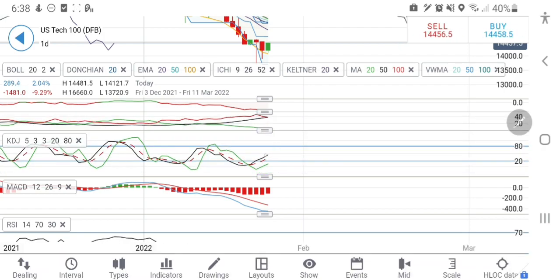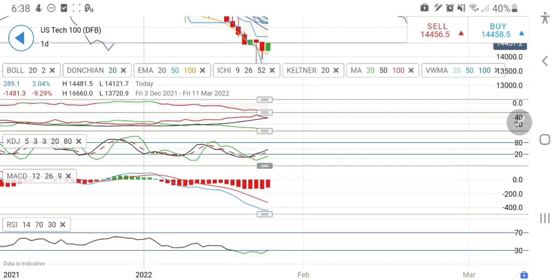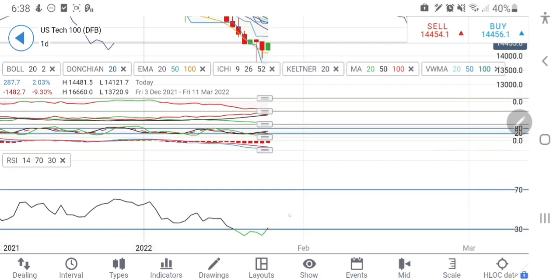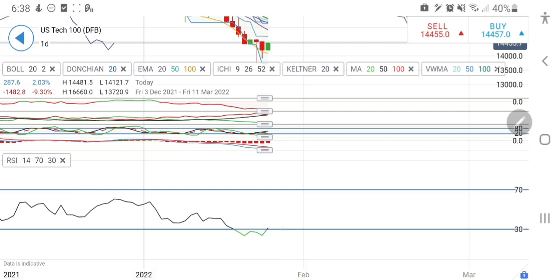Right now on the daily charts, stochastic has hit a bottom, is trying to reverse, and is right now in a buy zone. And MACD lines are trying to converge here. RSI, as I shared many a time, had entered into an oversold position, and is now trying to come back into comfortable levels. And considering this, let me jump to the levels directly.